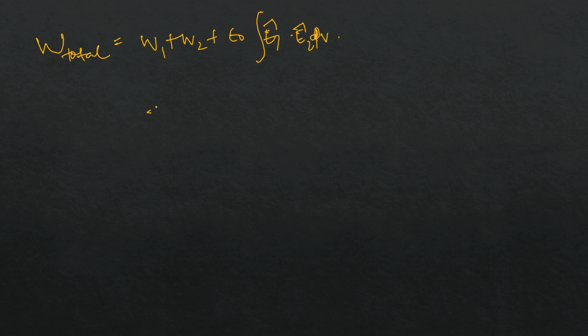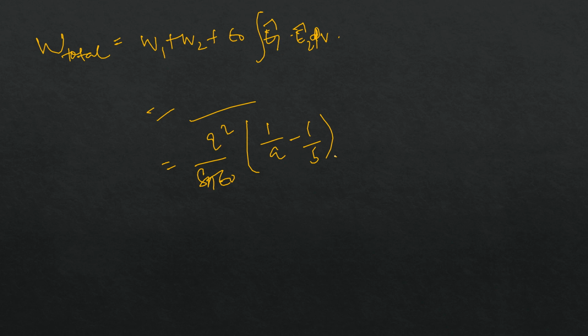So this is another way to solve this question. You will get the same answer, q square by 8 pi epsilon naught, 1 by A minus 1 by B. Is that all right? Yes, this is the answer for it.